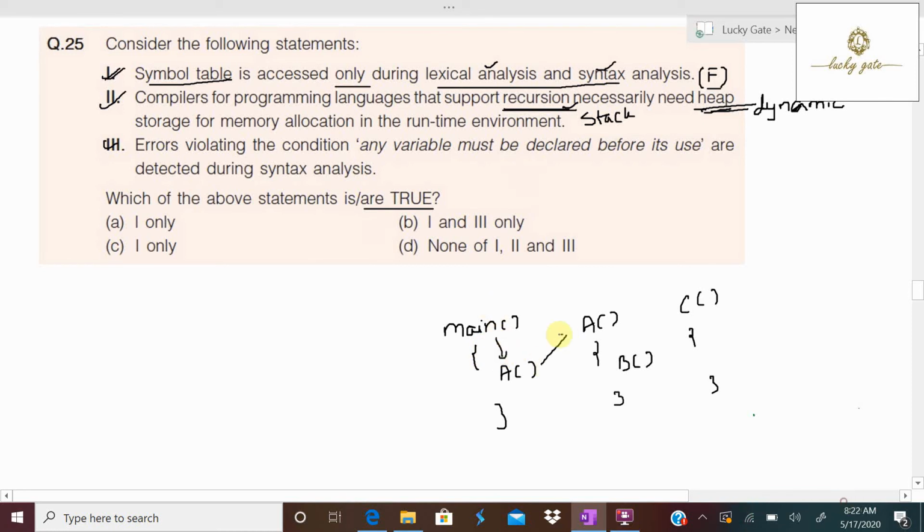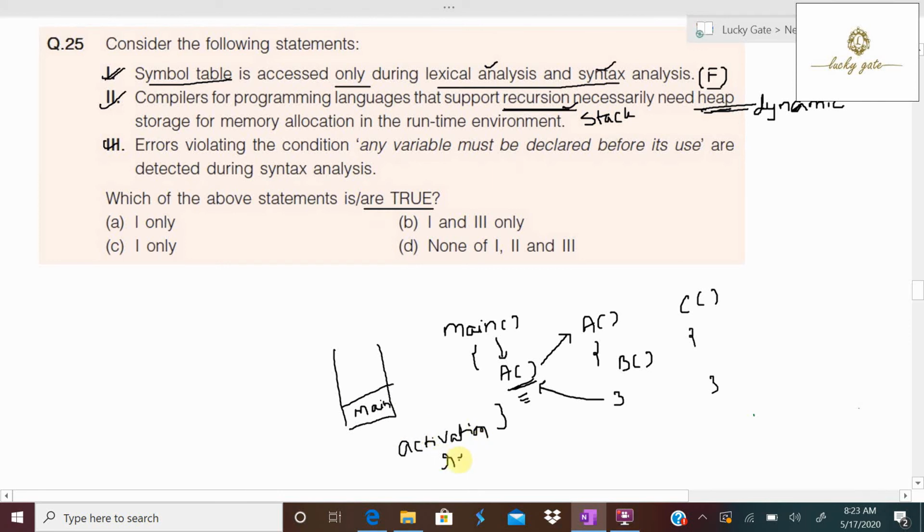Now it is calling a function, which means after executing function A, control should return to main, and on return it requires executing the further statements after this function call. So it needs to maintain some information about the main function. So first it will push one activation record for main into the stack.